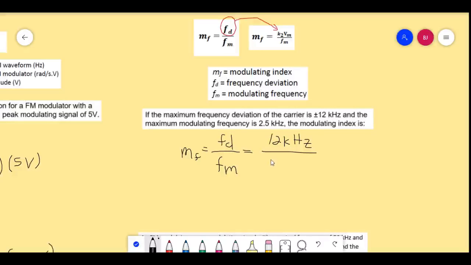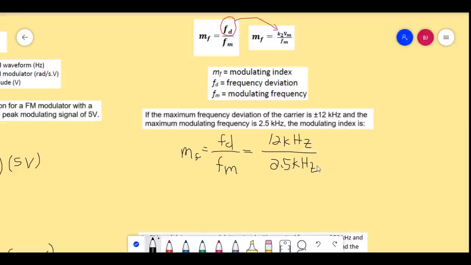Dividing it with 2.5 kilohertz, which is the modulating frequency, or the frequency of our original signal or intelligent signal. As mentioned before, if we're trying to divide two values having the same prefix, in this case kilo, it is okay to divide them directly.